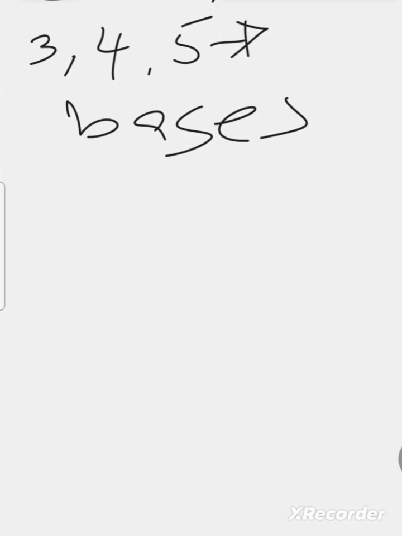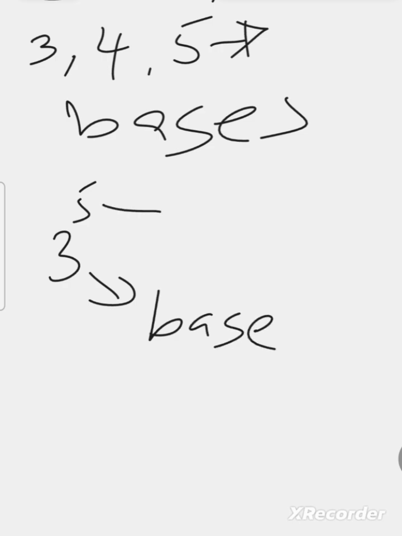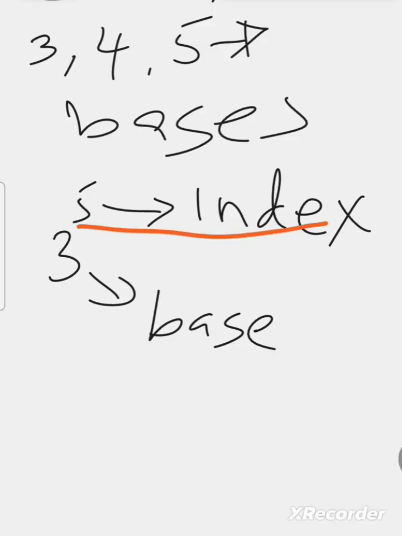So if you have 3 power 5, then 3 is our base and 5 is our index.